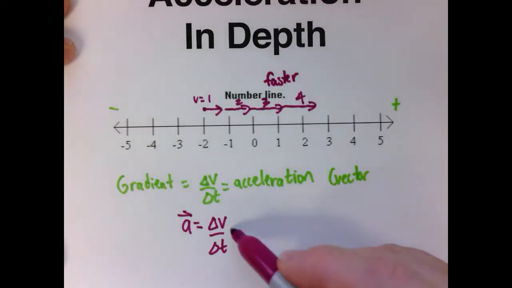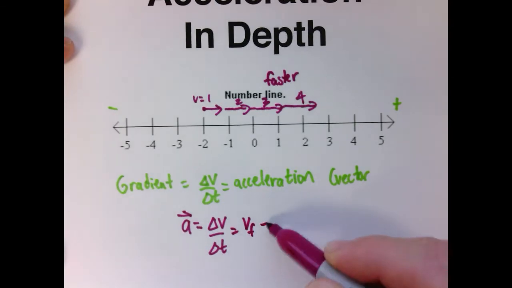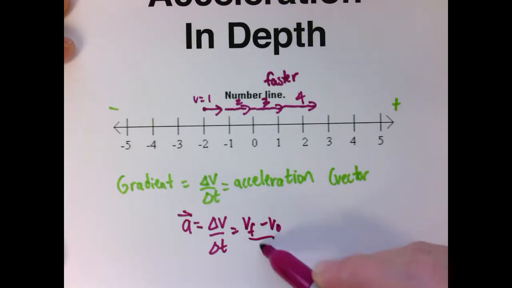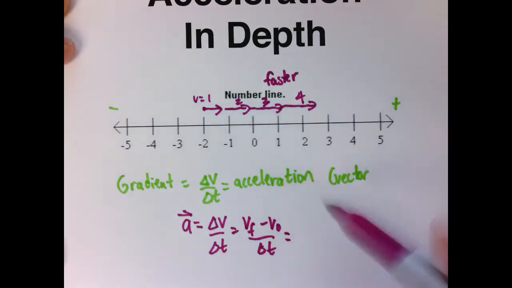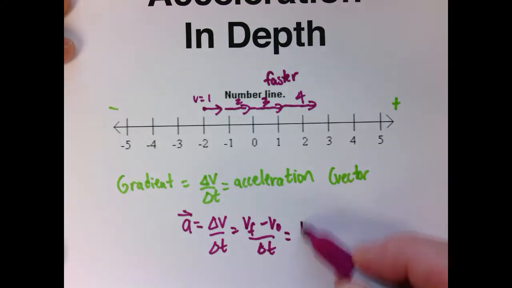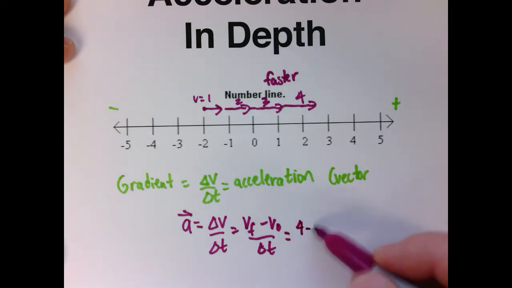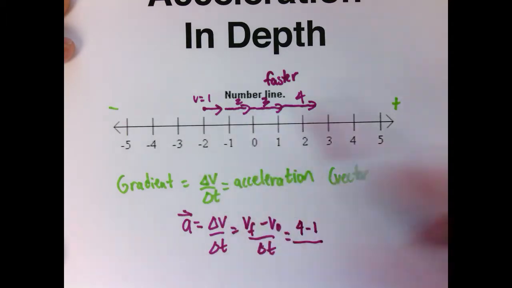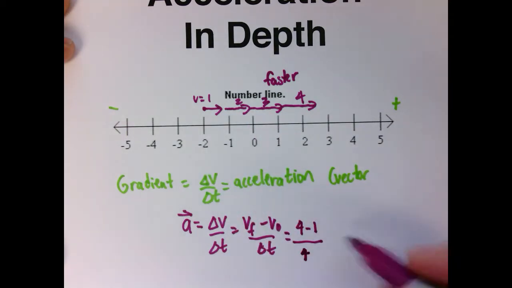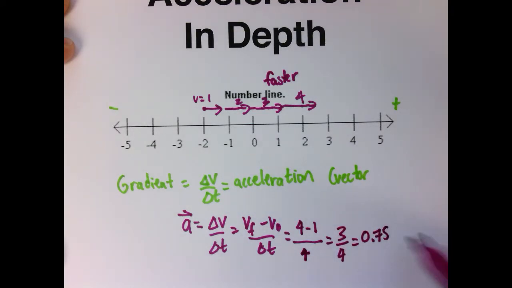And delta V is final velocity minus initial velocity over the change in time. So if we were to imagine that each one of these changes occurred over 1 second, our final velocity is 4, and our initial velocity was 1, and it occurred over, let's say, 1, 2, 3, 4 seconds. So we now have 3/4, or 0.75 meters per second squared.